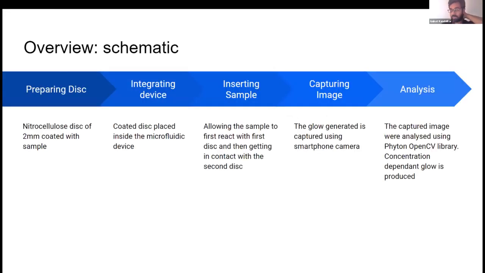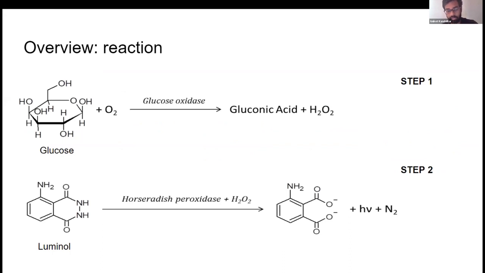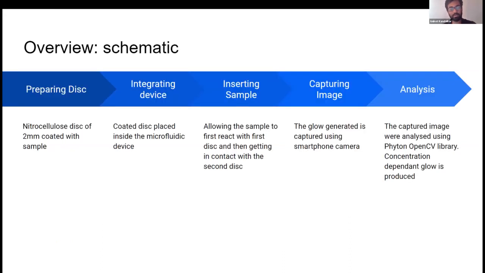So I made a microfluidic device. The required sample volume was around 1 microliter, that is 10 to the power minus 6 liters. We used 2 nitrocellulose discs, which we coated. One was coated with the two enzymes, horseradish peroxidase and glucose oxidase, and the other disc was coated with luminol.